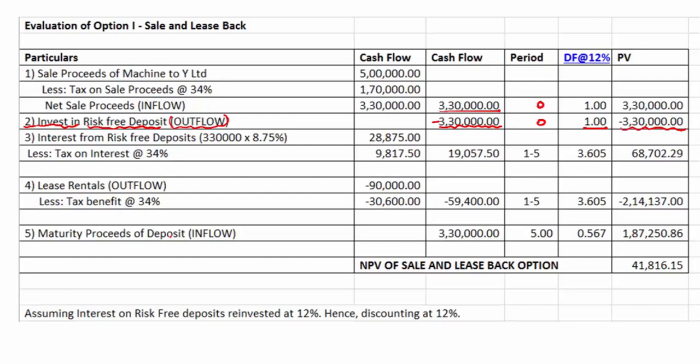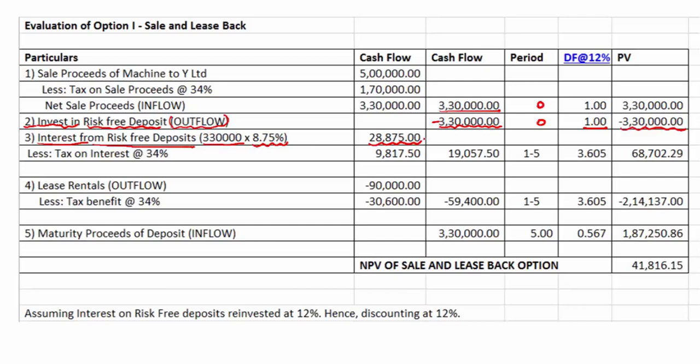Next comes a critical point. Now when I invest in this risk-free deposit, it is going to give me a cash inflow at the rate of 8.75% every year. So I'm going to get interest from risk-free deposits on 3,30,000, that is 330,000 at 8.75%, which is 28,875.